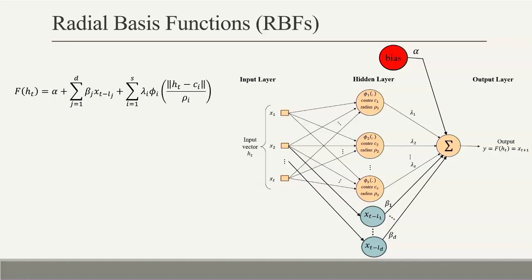But what I'm saying is, h minus c_i over rho is the bit that makes it radial. You just replace that with h dot c minus rho. No norms in there. Then it becomes exactly the form of a neural network.